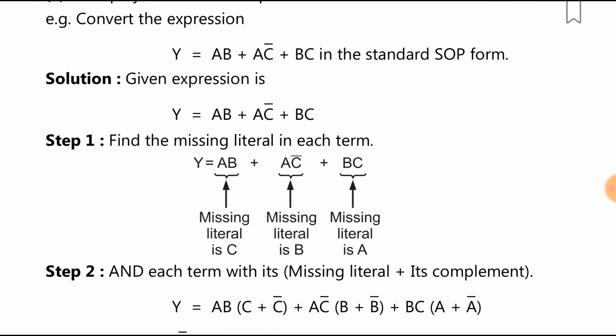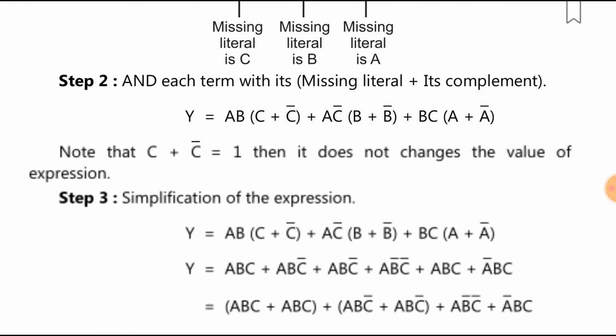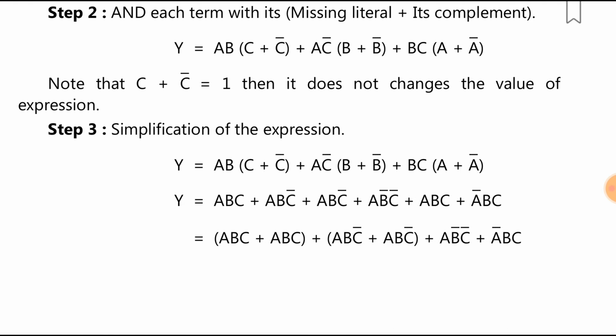The missing literal in AB is C, in AC bar is B, and in BC is A. In step 2, AND each term with its missing literal plus its complement. So Y = AB(C + C bar) + AC bar(B + B bar) + BC(A + A bar). Note that C + C bar is equal to 1, so it does not change the value of the expression.